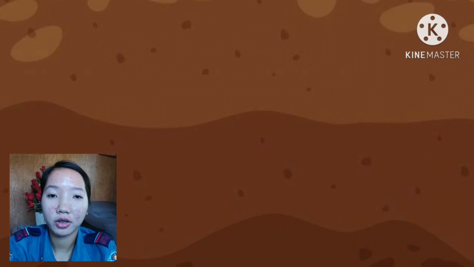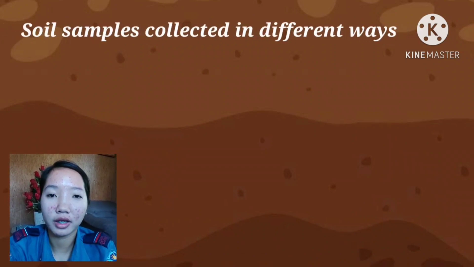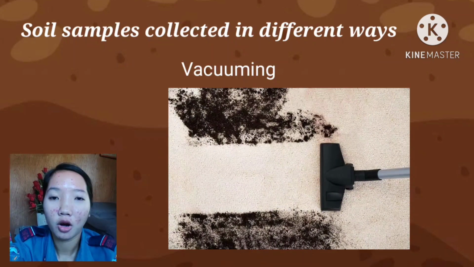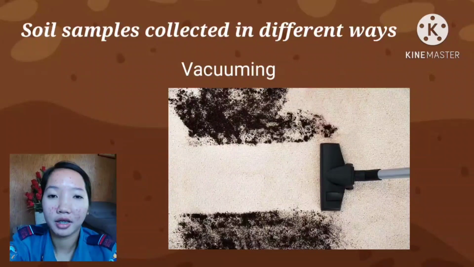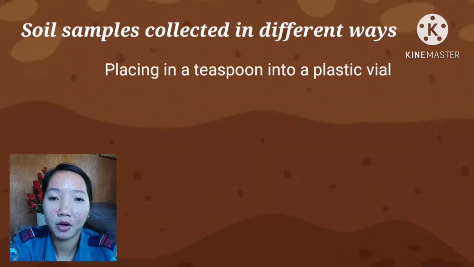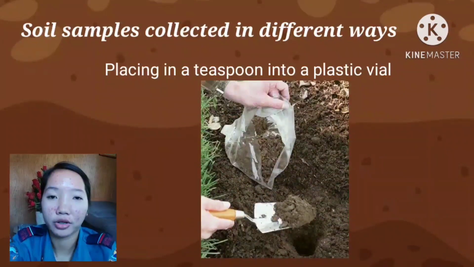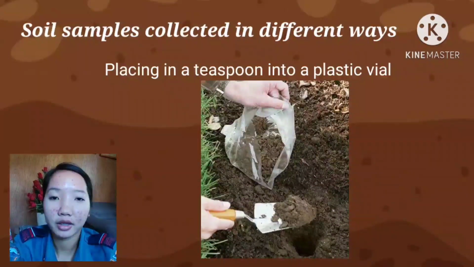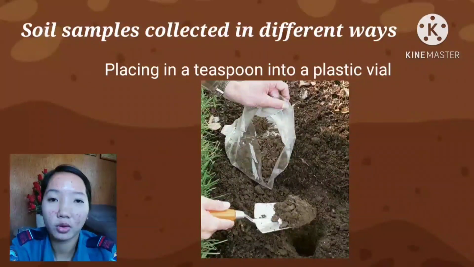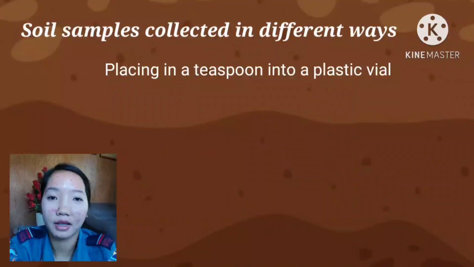And we have also the different ways of collecting soil samples. First is if samples are being collected indoors or from a vehicle, vacuuming is generally used. Second is if the sample is outdoors, it is collected by placing a teaspoon of soil into a plastic vial.